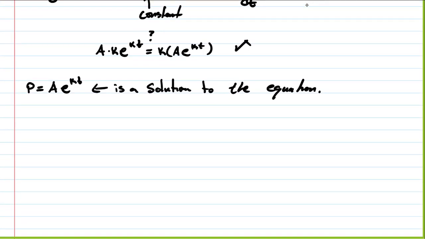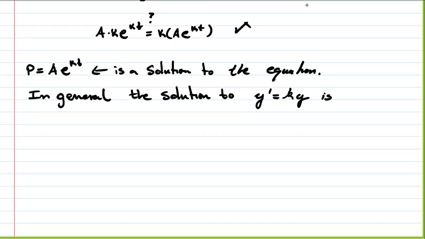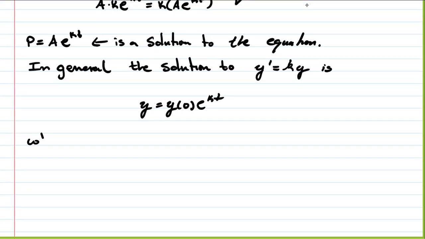So, in general, the solution to y prime equals ky for the general proportionality problem is y equals y of 0 e to the kt, where y of 0 is the starting amount.